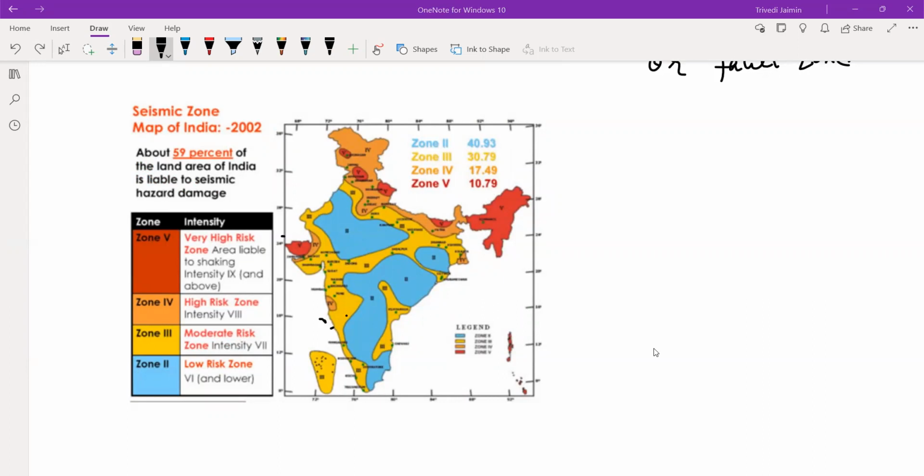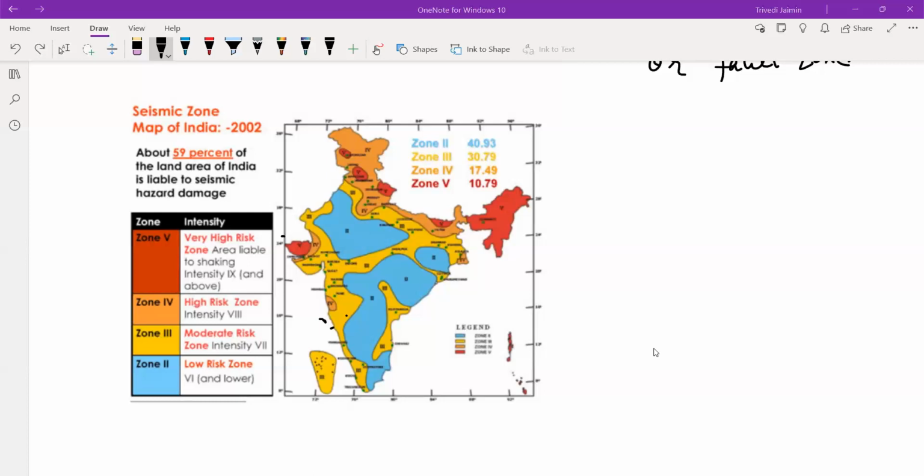No, see what happens, if I talk about this zone, the intensity is so high. See, earthquakes happen everywhere, doesn't matter whether it is in the zone or not in the zone, but their intensity is so high. When you are seeing the red portion, the intensity is so high.